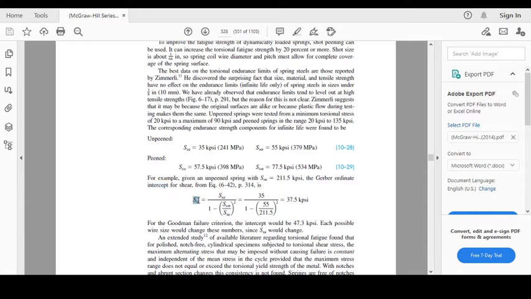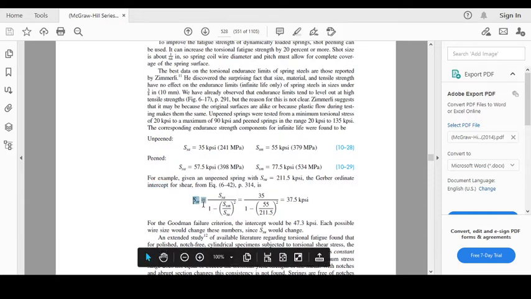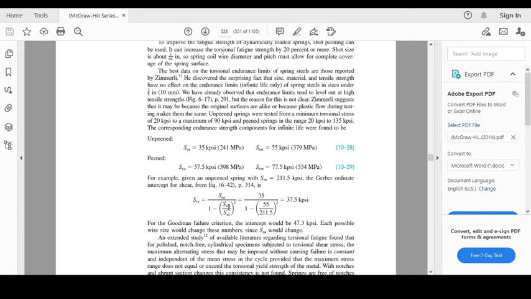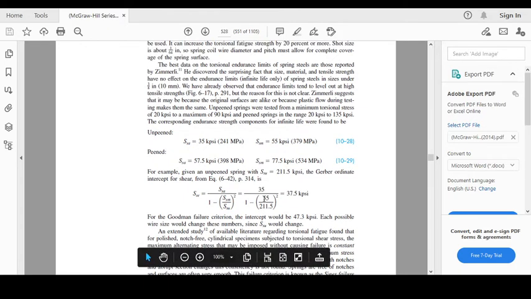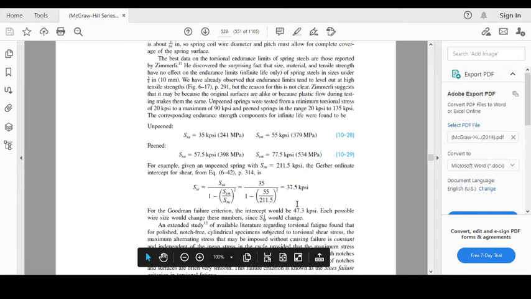So the endurance strength SE is from its equation, where SA is the alternating strength, SM is the mid-range strength, and SU is the ultimate tensile strength. Putting in all the equations, you get 35.7, 37.5 kpsi.